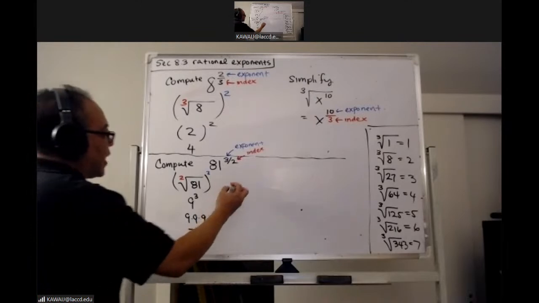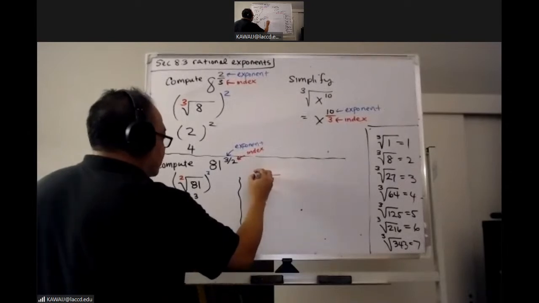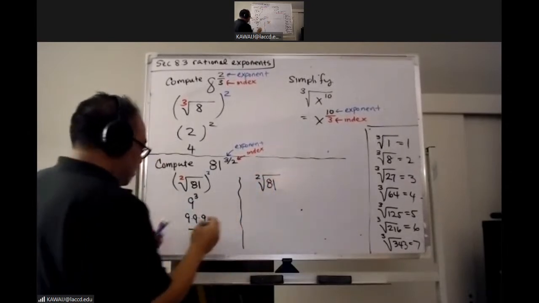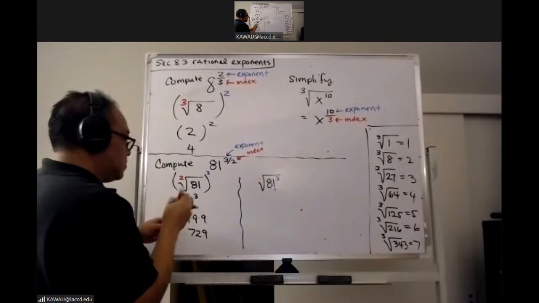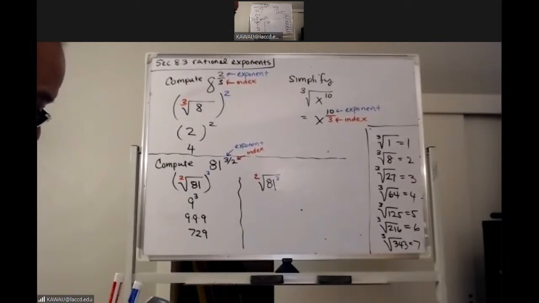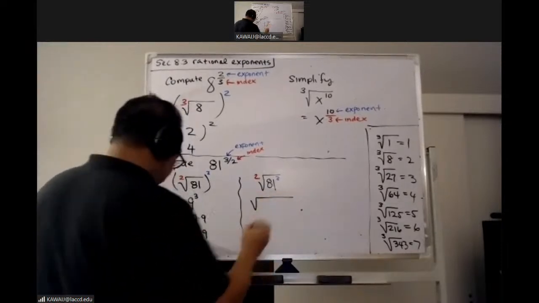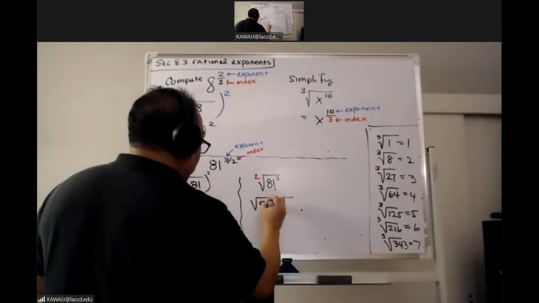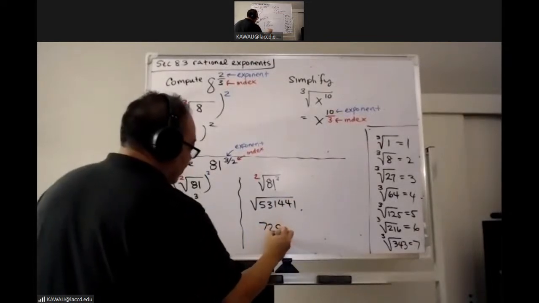Okay. Now that 9 times 9 wasn't very much fun, but it's very doable. But if we went the other direction and we did this, you could do that, but you would go 81 times 81 times 81 is equal to square root of 531,441, which is equal to 729.